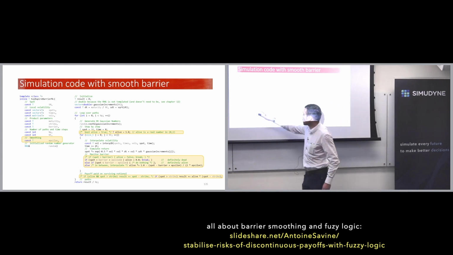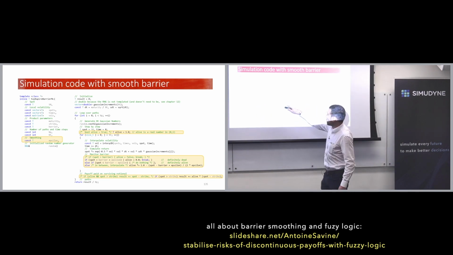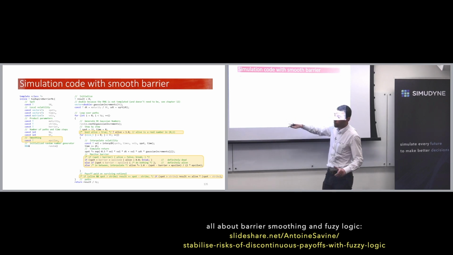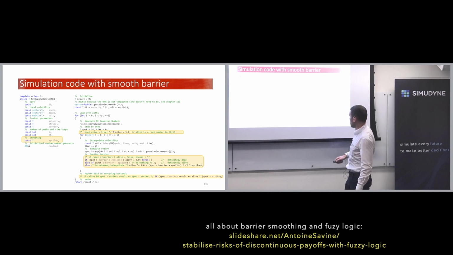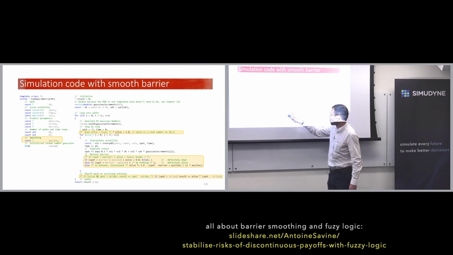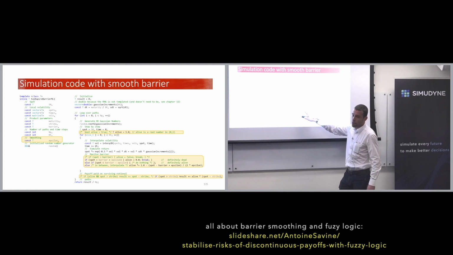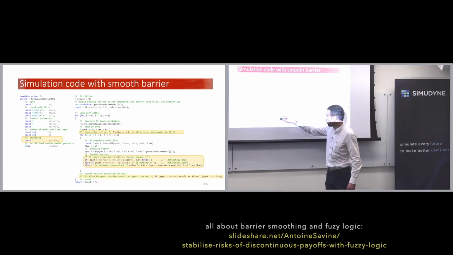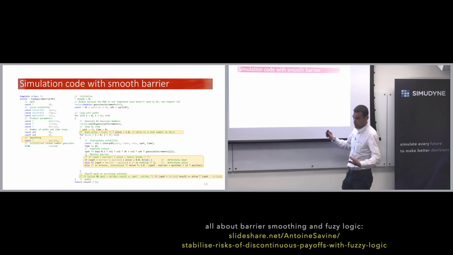First, we need to give it an epsilon. Then, alive, instead of being a Boolean, true or false, in hard logic, it becomes a number between 1 and 0, initialized at 1, right? And then I say, if I'm above the barrier plus epsilon, I'm definitely dead. Alive goes to 0. If I'm below the barrier minus epsilon, I do nothing. Right?